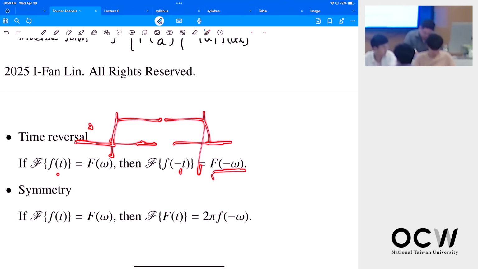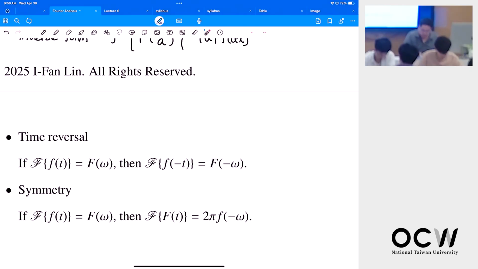In frequency domain, I also flip. You can bring this back to our definition. Calculating the integration, you will see that my frequency domain is also reversed.